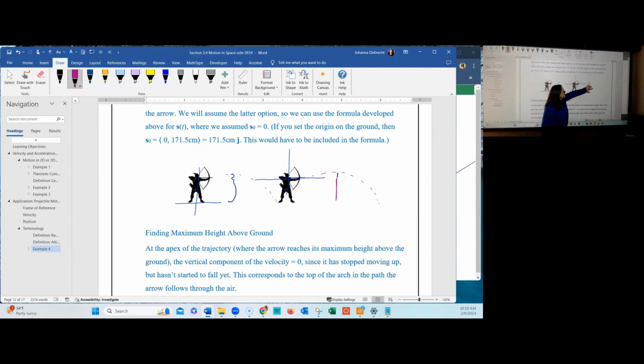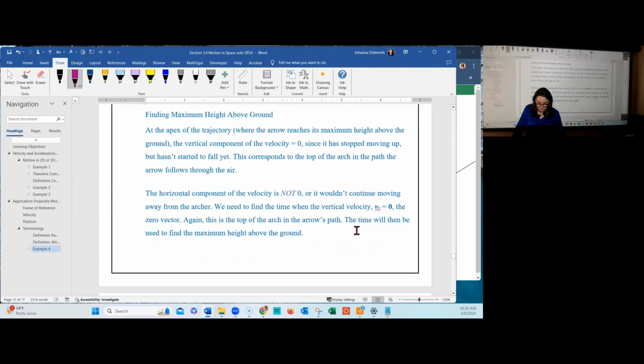Now, this pink segment is the 1.715 meters, the height of the archer as he shoots it, roughly, more or less. It's probably 6 centimeters less because he didn't fire it at the top of his head, but pretty close. So when we're looking at this, we need to find the altitude, which is the measure of the blue mark right up there.